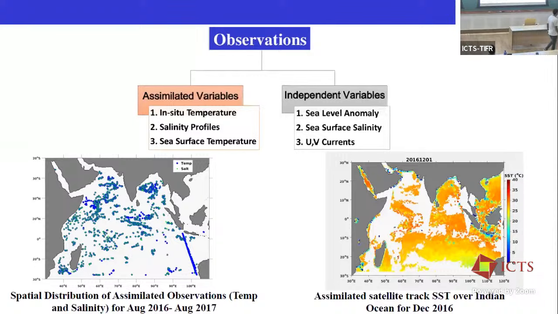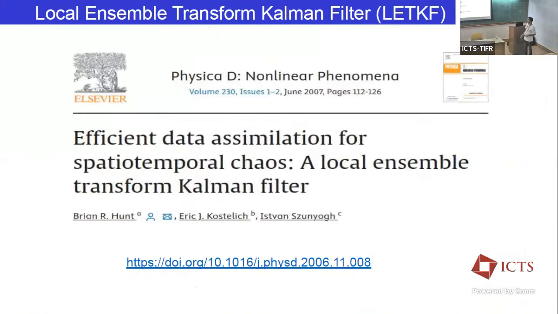Okay, so these are the various observations that we assimilate. What is the data assimilation system? It is called the local ensemble transform Kalman filter. This paper is the paper on LETKF.